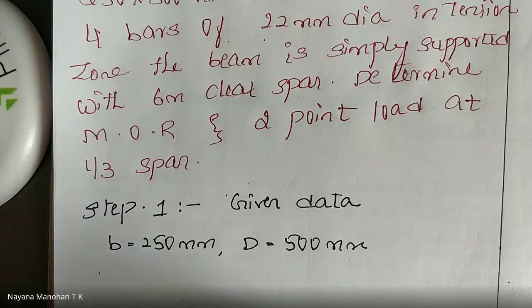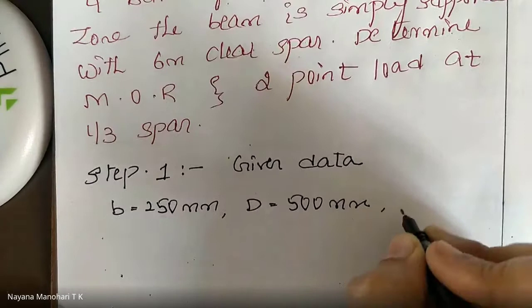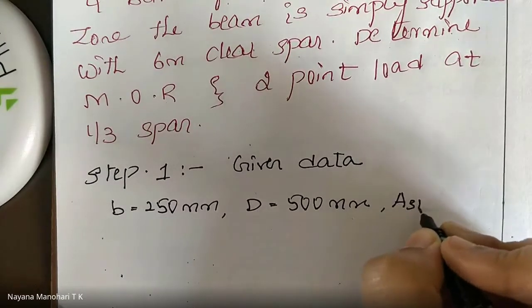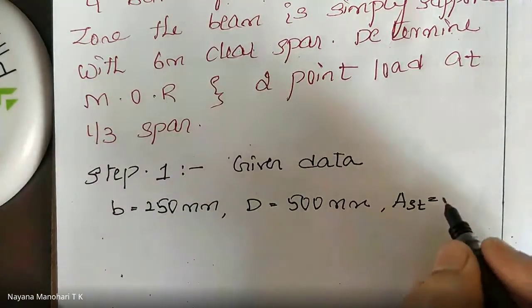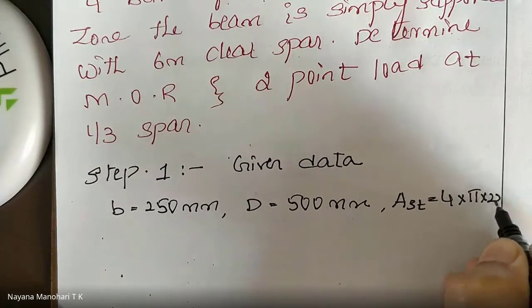Okay? Calculate AST. AST equals to 4 bars of 22 mm dia.